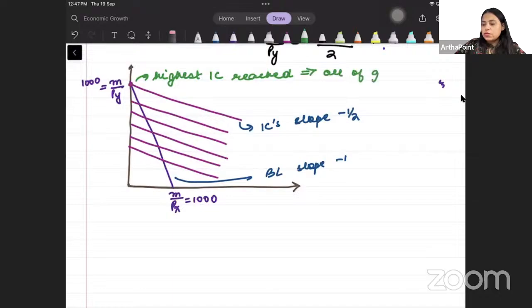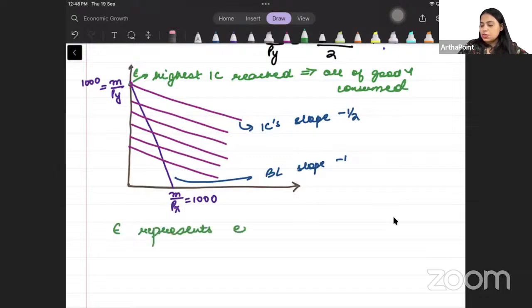All of good Y consumed. So at the highest indifference curve that you have reached, you are consuming all of good Y, and this is your equilibrium point also, right? So you can say that point E represents the equilibrium point.